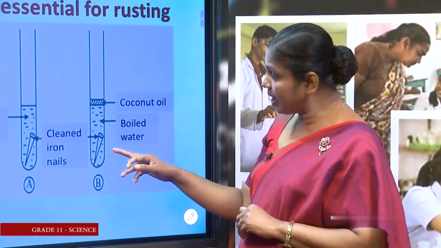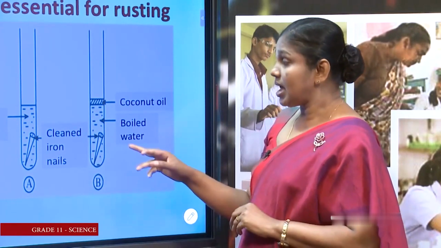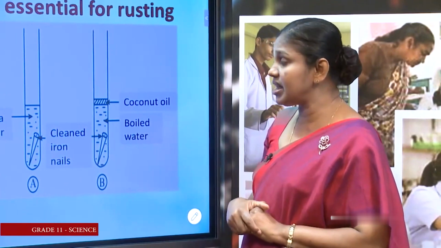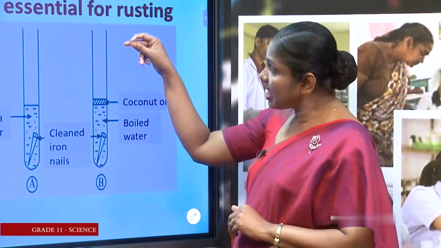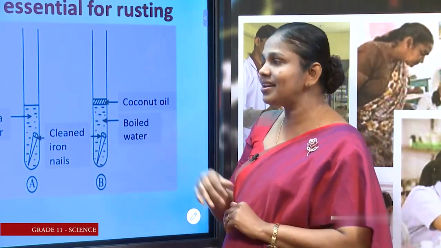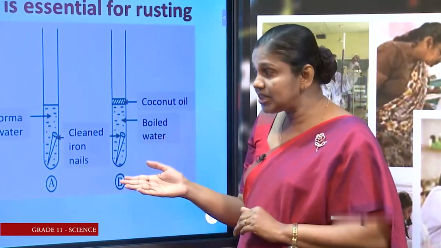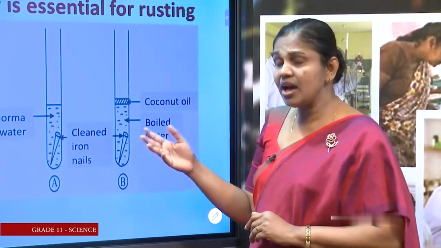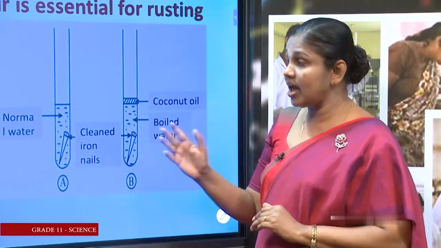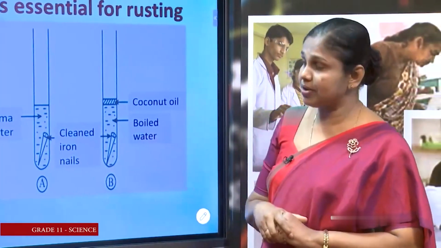When water is boiled, air dissolved in water is removed. As there's no air, this iron nail hasn't rusted. And air from outside also cannot enter the tube because of the coconut oil layer. But for the nail in A, there's water and air too, dissolved in that water. So, as both factors, air and water, are available, nail A has rusted.